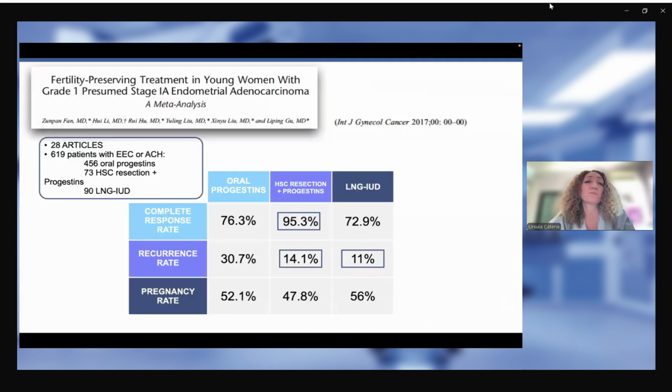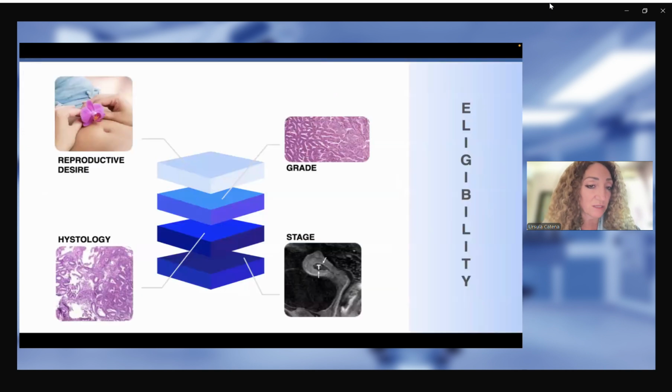We can see this meta-analysis, published already in 2017, in which the complete response rate is completely different: if we use hysteroscopic resection followed by progestins, it is more than 95%, compared to progestins alone, where we are at around 70-75% complete response rate.